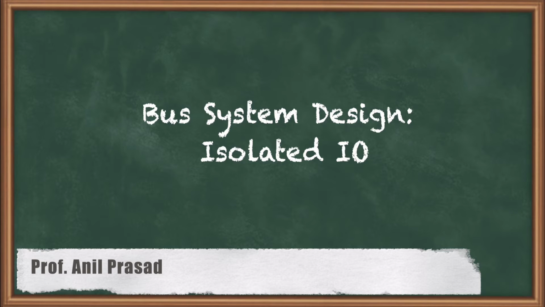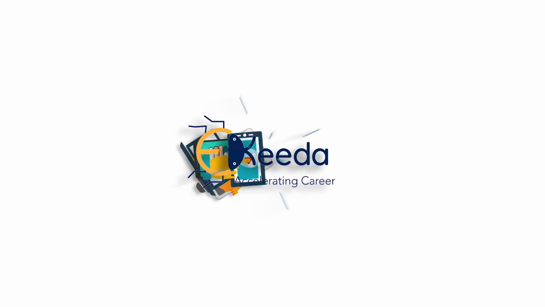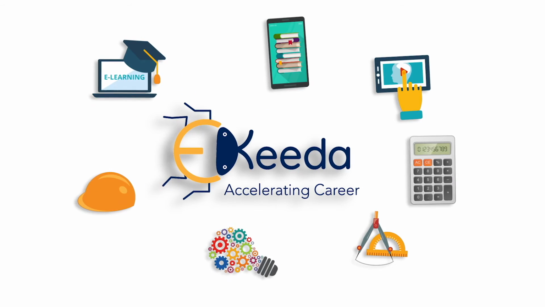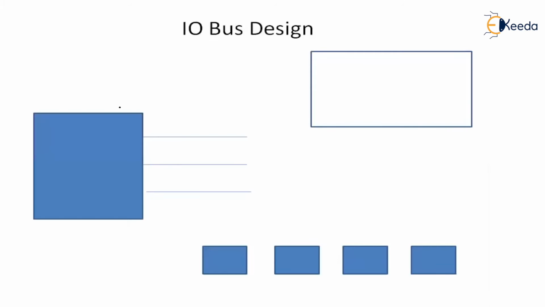Let us see the second category, that is isolated IO bus system. How to design. Isolated IO. In isolated IO, we don't have the different bus systems.